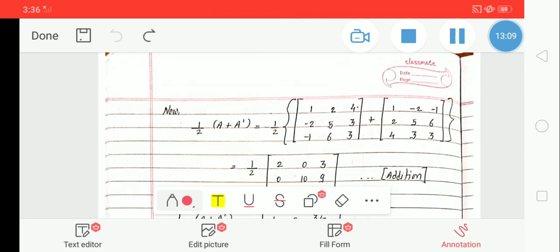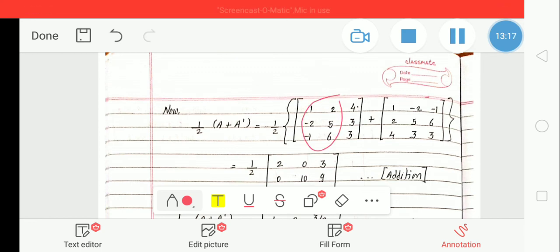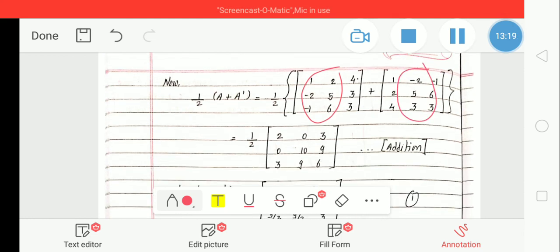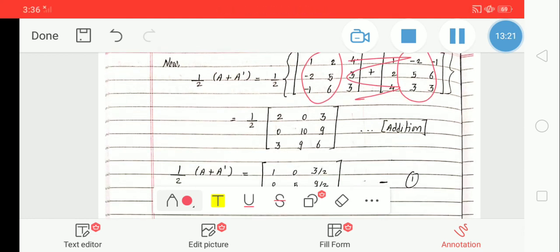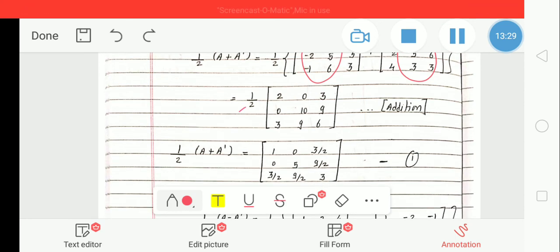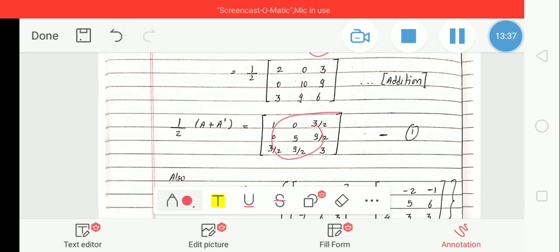Now we take half of A plus A dash. This is matrix A and this is matrix A dash. We take the addition here, so we get 2 0 3, 0 10 9, 3 9 6. Now divided by 2, because we multiply by half, we divide all by 2. So we get this matrix.